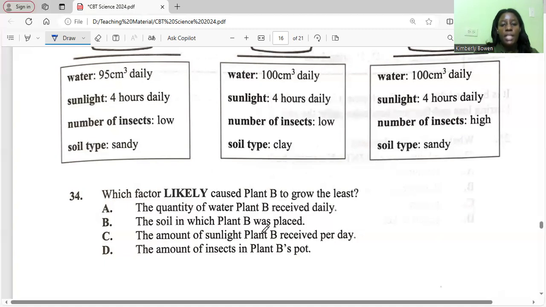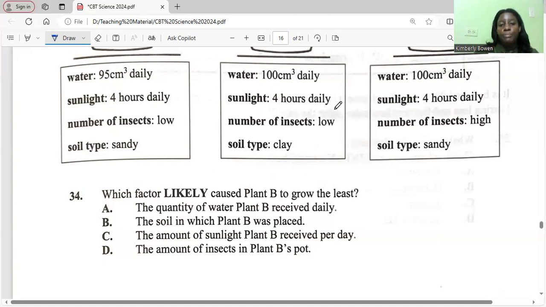The amount of sunlight, all of them receive the same hours of sunlight per day. The amount of insect in plant B, the number of insect is low, so that's not really affecting the growth. So it gets a good amount of water.